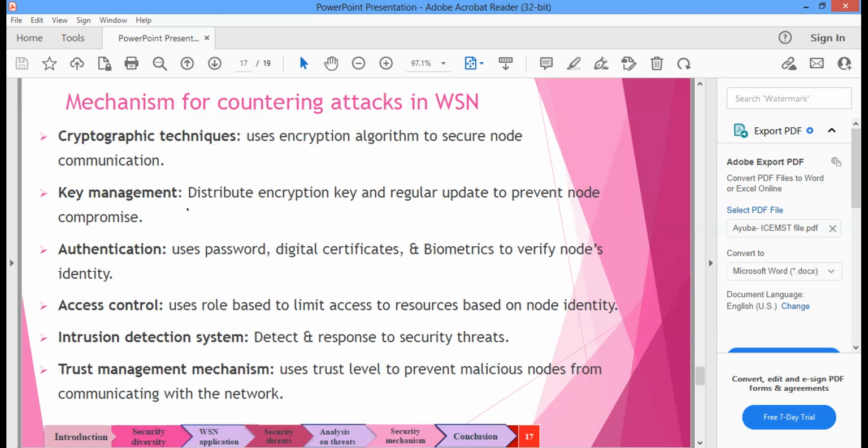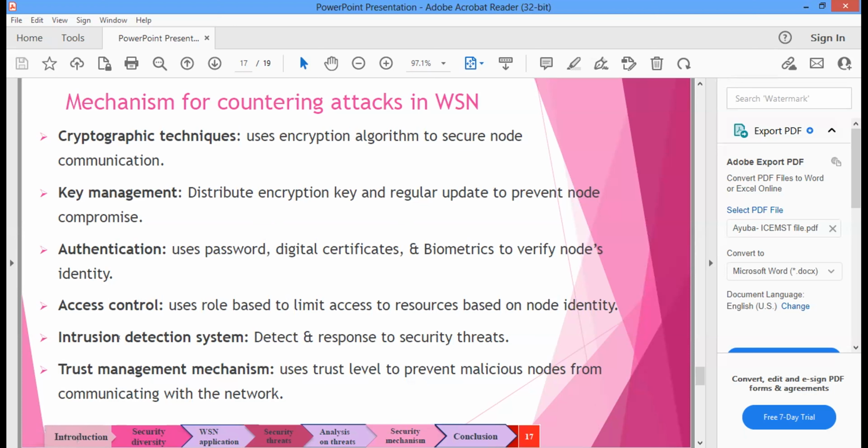We also have key management to distribute encryption keys and regular updates to prevent node compromise. We also have authentication, such as using passwords, digital certificates, and biometrics to verify the node identity. We also have access control, which uses roles to limit access to resources.